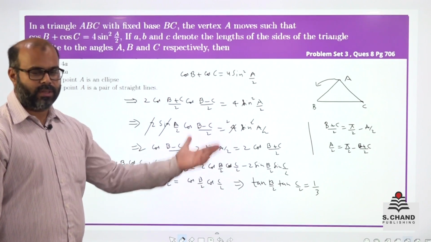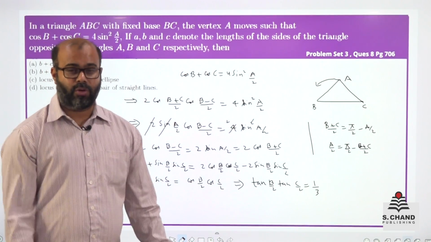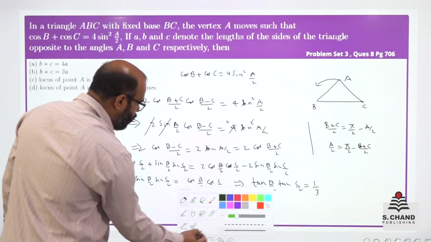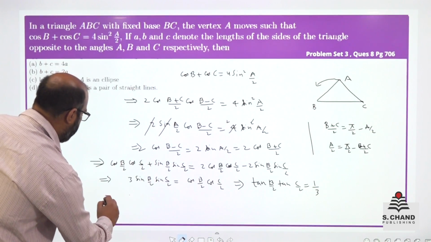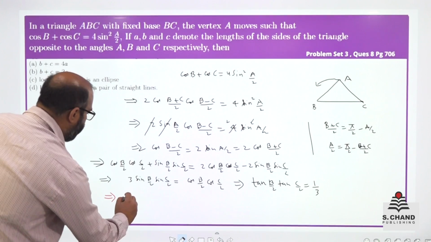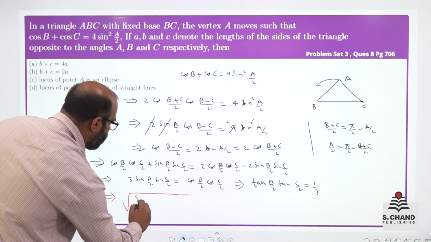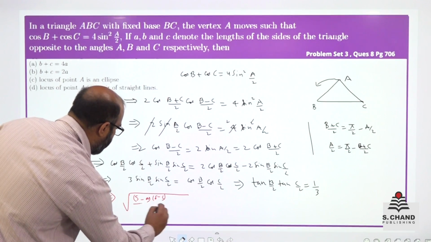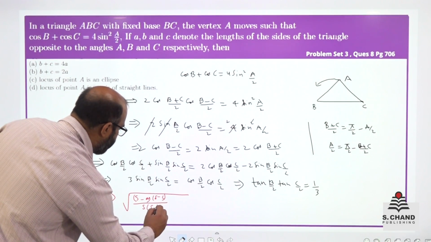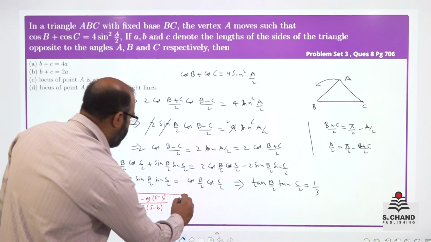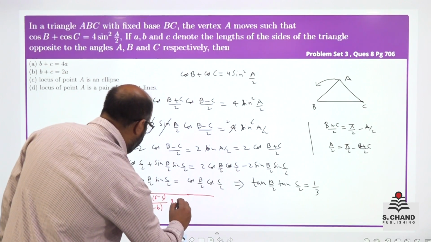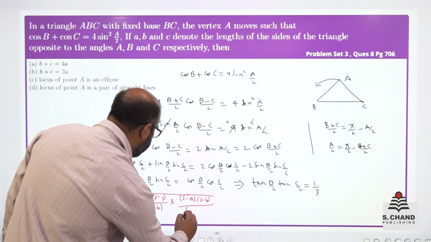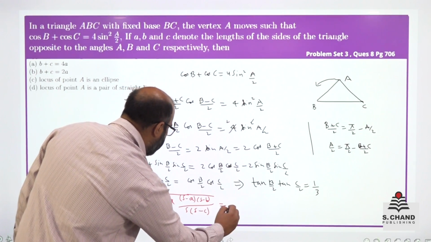Now what to do next? We have a half angle formula for tan B by 2 as well as tan C by 2. So we will apply that half angle formula. Tan B by 2 is root over (S minus a)(S minus c) upon S(S minus b), and tan C by 2 will be root over (S minus a)(S minus b) upon S(S minus c), and the product is equal to 1 by 3.